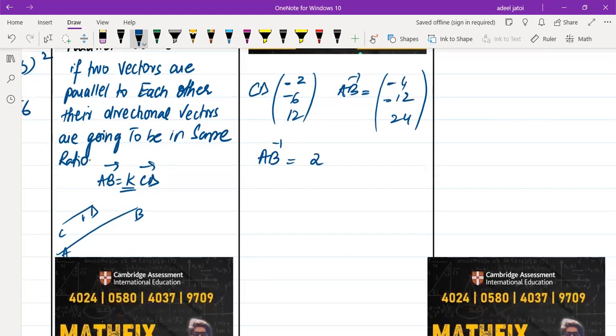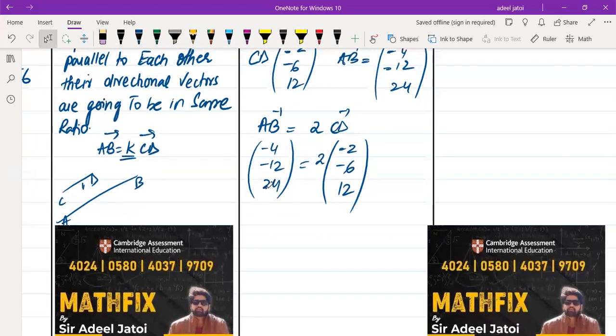What we can say is that AB is 2 times CD: if this is minus 2, this is minus 4, this is minus 6, this is minus 12, this is 12, and this is 24. So multiply by 2. So AB is minus 4, minus 12, 24, which is equal to 2 times CD, minus 2, minus 6, and 12. So both end up having the same ratio, which means AB is 2 times CD.